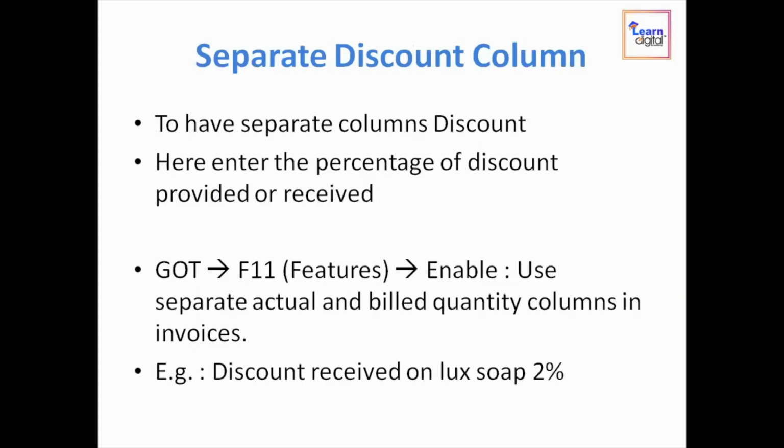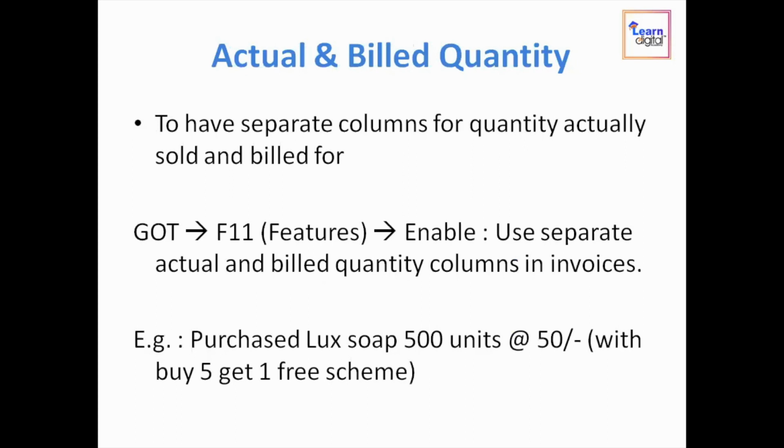All of them can be used in a single invoice also. So try to enable all these features and configurations in a single invoice and check the stock summary. Practice the same. Thank you for today's session. Thank you.